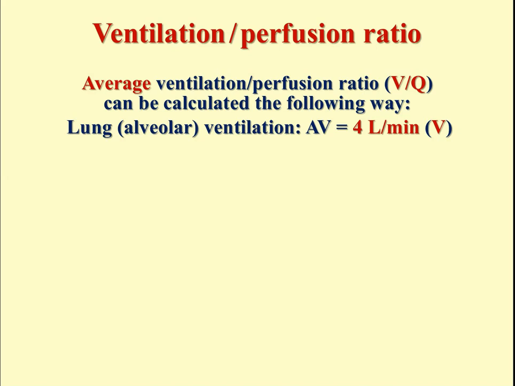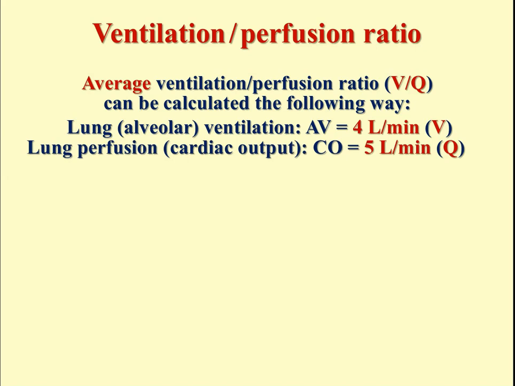You remember, this is cardiac output, the amount of blood that passes through the circle each minute, and it passes through the lungs the same amount as through systemic circulation. So lung perfusion is simply cardiac output, which is on average about 5 liters per minute. And so if you find this ratio between the supplied fresh air and supplied blood, it makes 0.8. This is an average calculation. Why is it important?